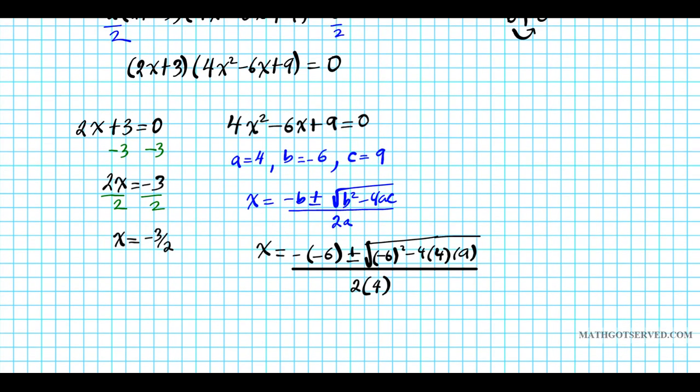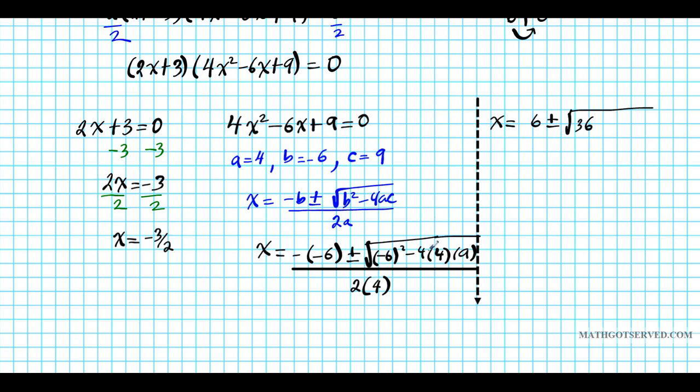So let me partition my workspace here. Minus times minus is a plus, so x equals positive 6 plus or minus. When you square negative 6, remember the square affects the sign also. So it's not just negative 36, it's actually positive 36, because minus times minus is positive.